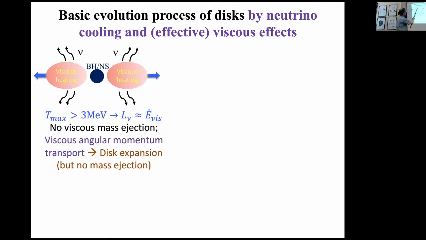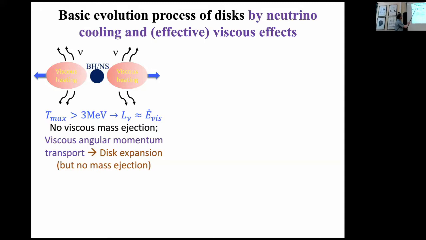This slide shows the basic evolution process of the disk by neutrino cooling and viscous heating. As I said, after the merger of neutron star and neutron star, typically we have a black hole or neutron star plus disk, and mass ejection occurs from the disk. The question is how the disk evolves.